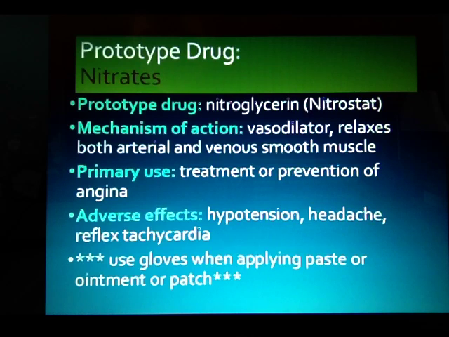Why would you want to wear gloves when you're doing this? Well, it's pretty self-explanatory. If you're putting a patch on your client or applying nitro paste onto their skin, of course it can get onto your fingers and absorb into your skin, and then you would experience the effects of a nitrate also.